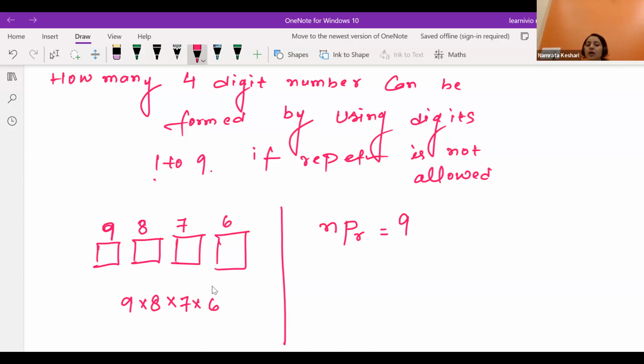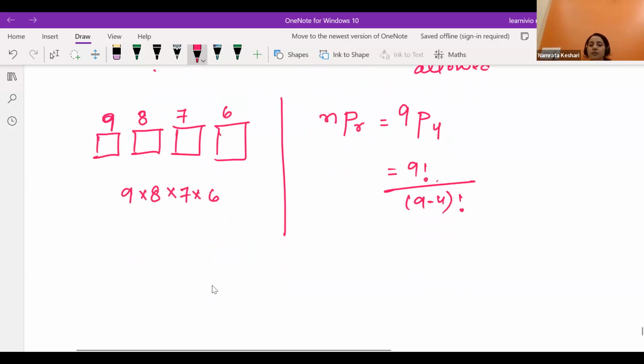Total 9 you are having. Out of that you want to arrange 4 at a time. All are distinct, all are different. Repetition we are not taking. Then the formula is n factorial by n minus r factorial. Let's do it: 9 factorial by 9 minus 4, that means 5 factorial.